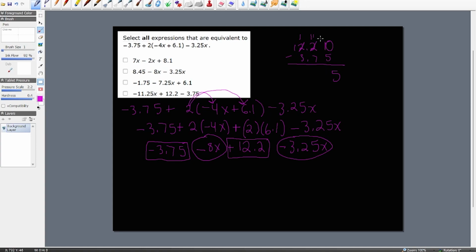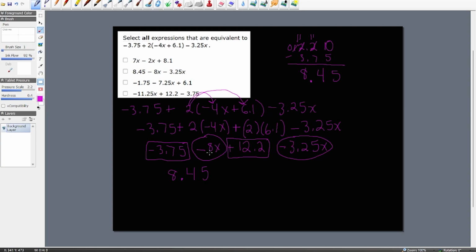Becomes 11 now. 11 minus 7 is 4. Decimal just comes straight down. 1 minus 3, we're going to need to borrow. 11 minus 3 is 8. So our constant term, and we already determined that it is indeed positive, is positive 8.45.